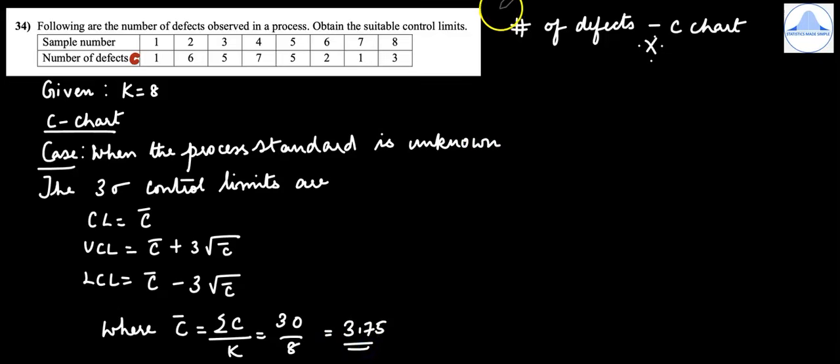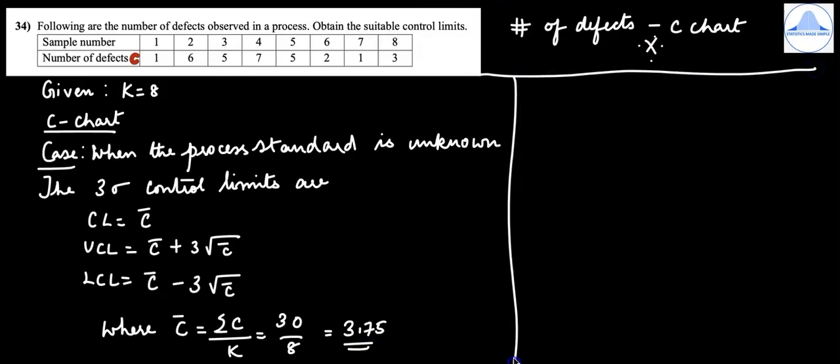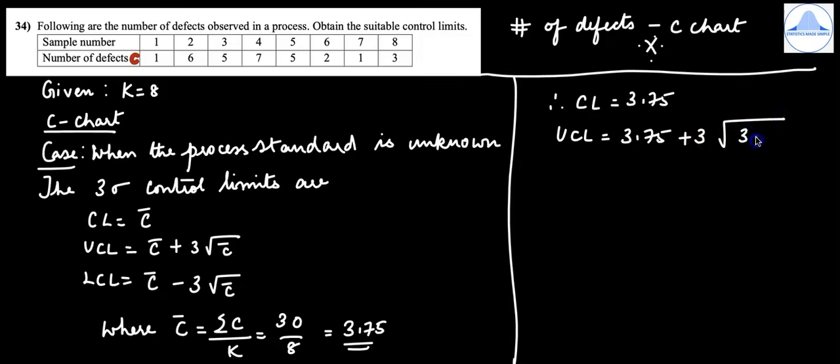Now let us substitute all the values in the formula. Therefore CL is equal to 3.75, UCL is equal to 3.75 plus 3 times root of 3.75, which is equal to 3.75 plus 3 into 1.9365.